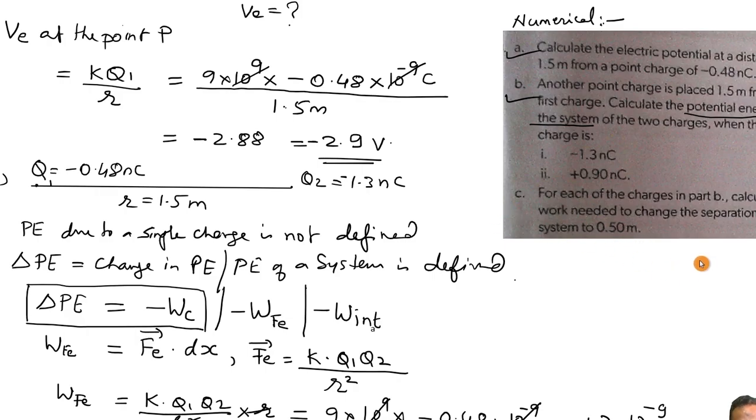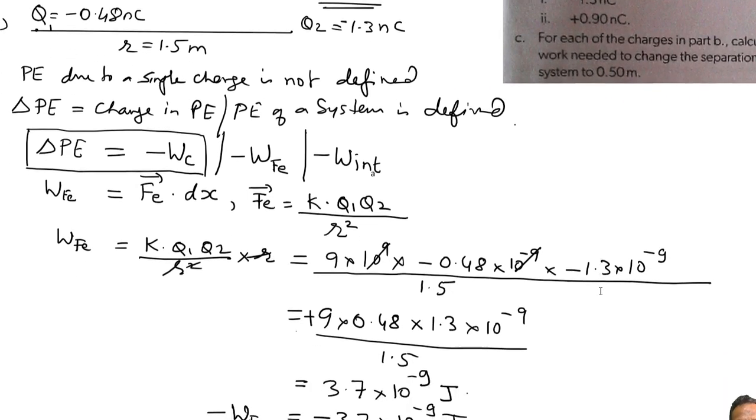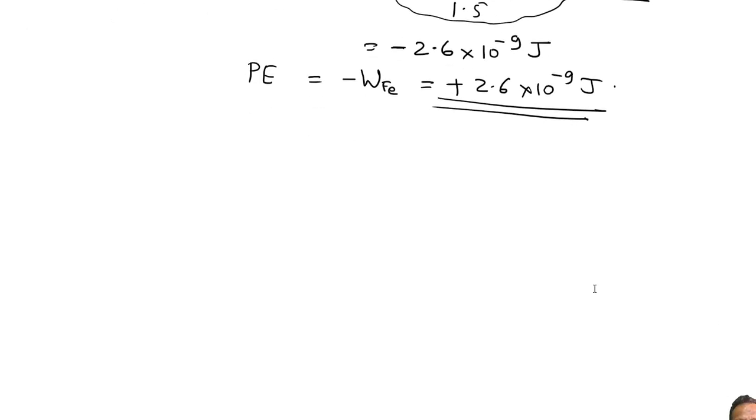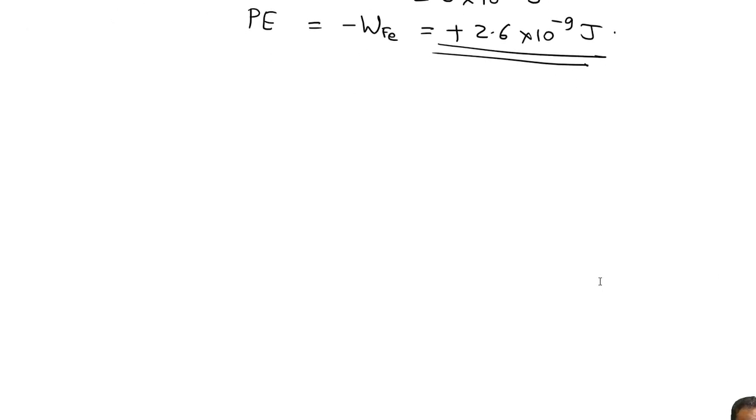This is interesting. So for the C part of the question, the source charge Q1 is remaining same, minus 0.48 nanocoulomb. This is as it is. Now what is happening, one by one, C also you have 1 and 2.